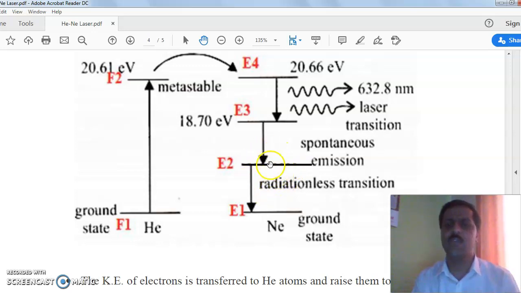In this E2 state, the neon atoms collide with the walls of the system and with other atoms, impart their energy to them, and by radiation-less transitions lose their energy in this step and go to the ground state.